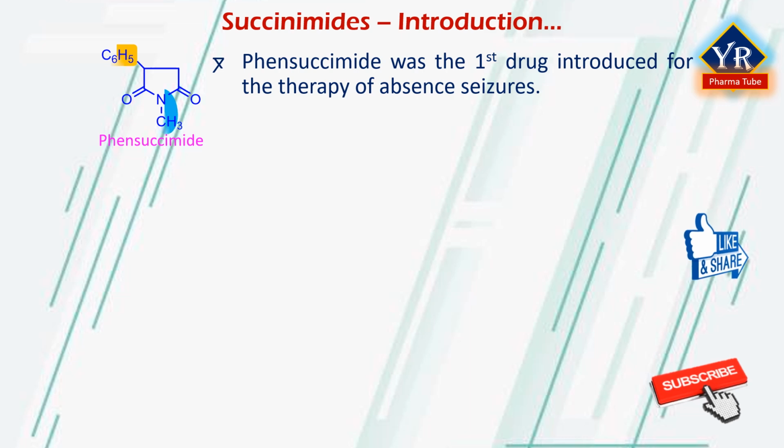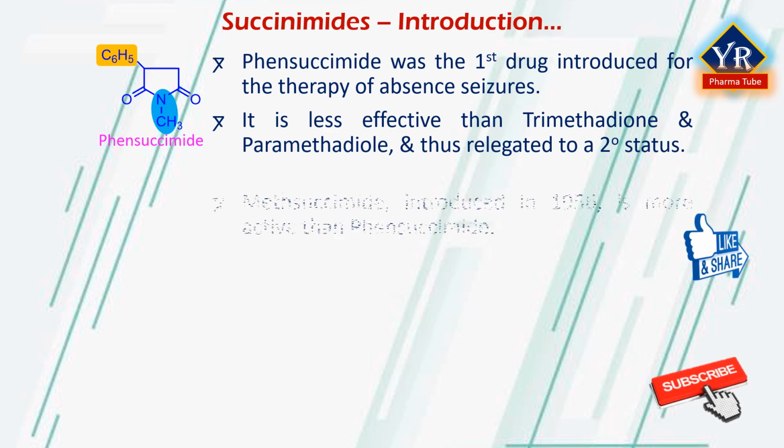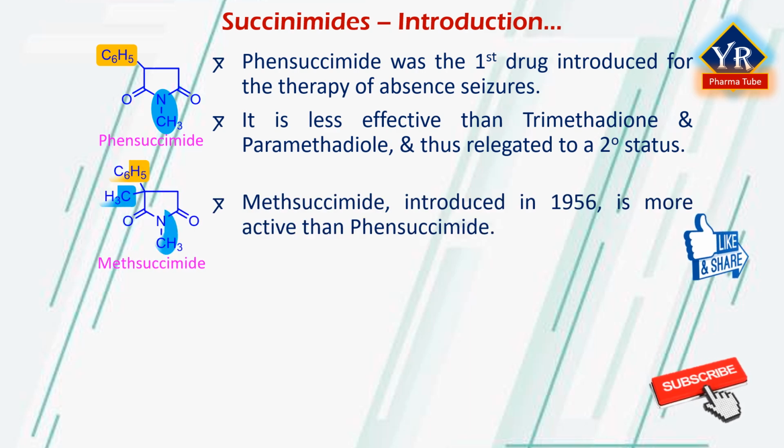Phensuximide was the first drug to be introduced for the therapy of absence seizures. However, it is less effective than trimethadione and paramethadione, which are the oxazolidine dione anticonvulsants, and thus it is relegated to a secondary status. The other alpha-phenyl succinimide derivative, that is Methsuximide, was introduced in 1956, which is more active than Phensuximide.